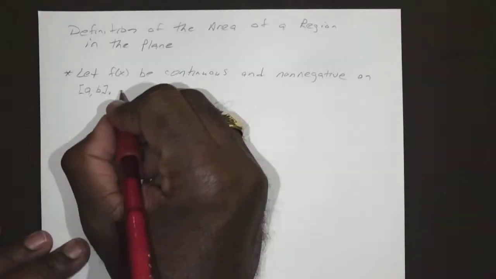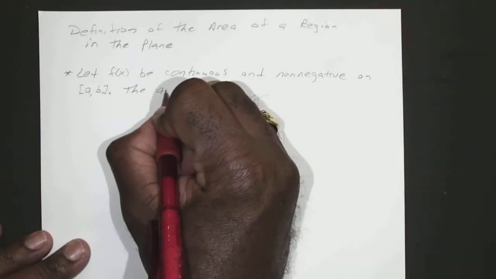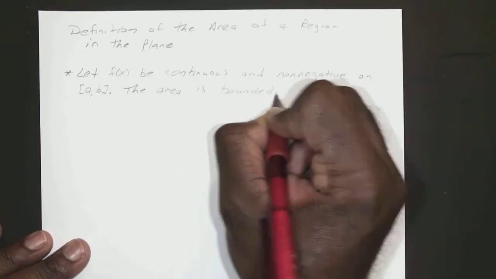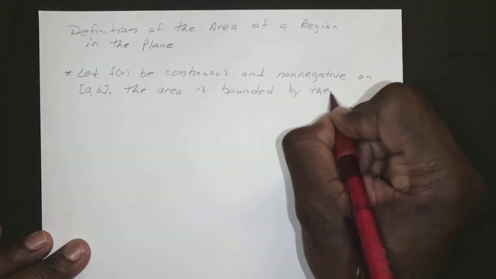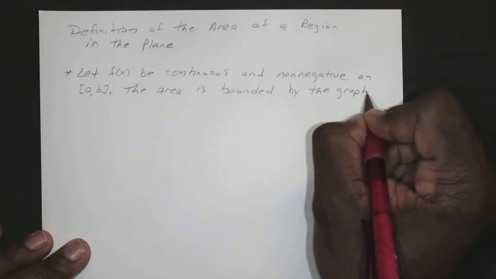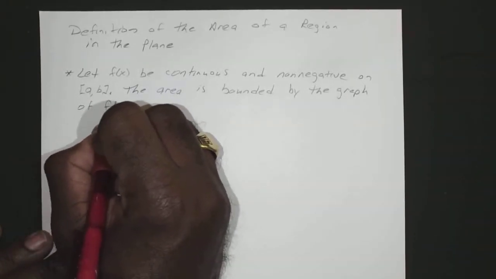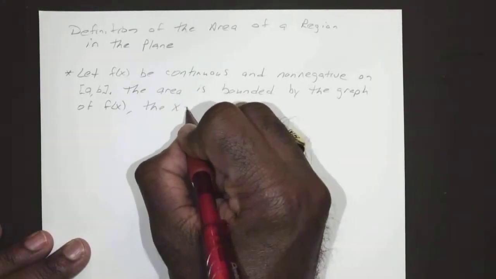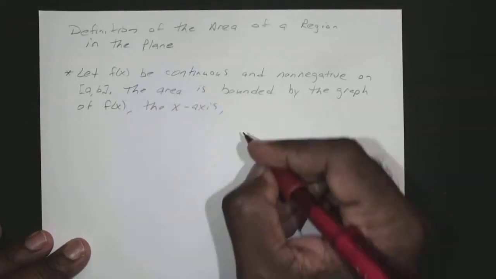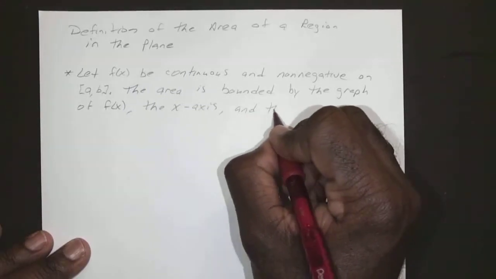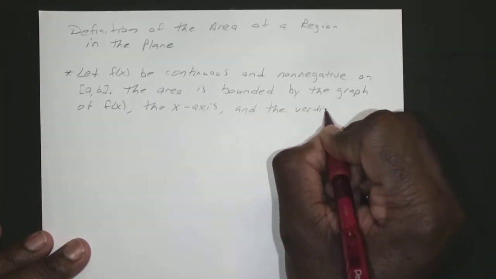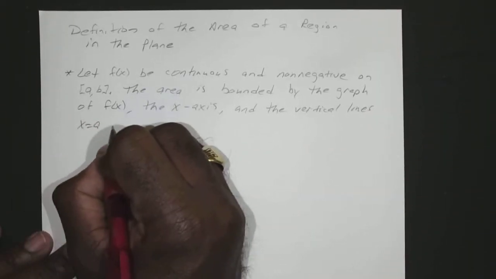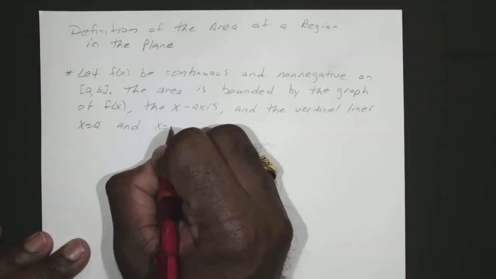Okay. Now the area is bounded by the graph of f of x, the x-axis, and the vertical lines x equals a and x equals b.